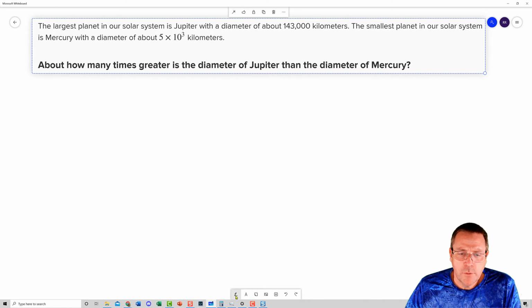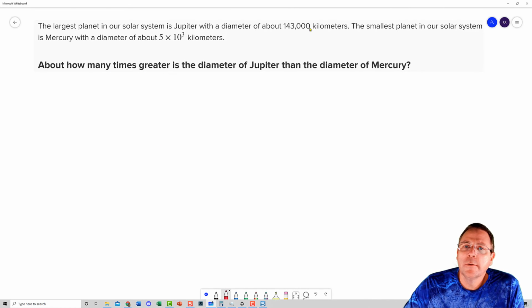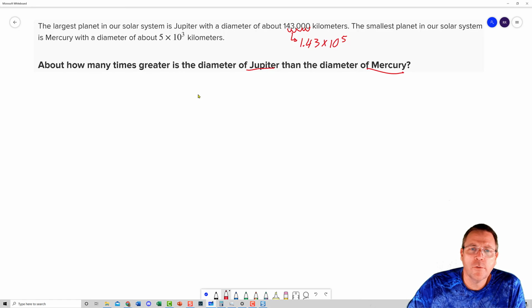First thing I'm going to do when I solve it is take the diameter of Jupiter and change it to scientific notation, 1, 2, 3, 4, 5. So that's going to be 1.43 times 10 to the 5th. That's going to be the diameter of Jupiter. Now we're comparing Jupiter to Mercury, so I'm going to put Jupiter's size, 1.43 times 10 to the 5th, on top.